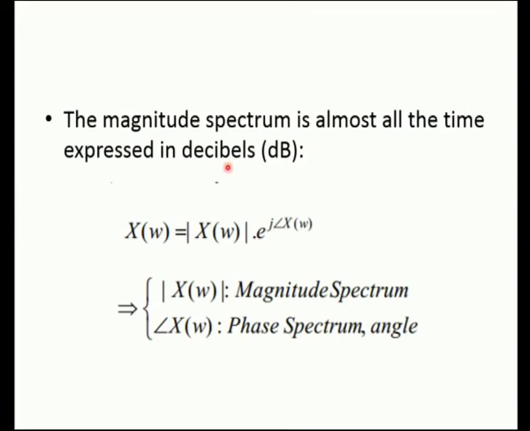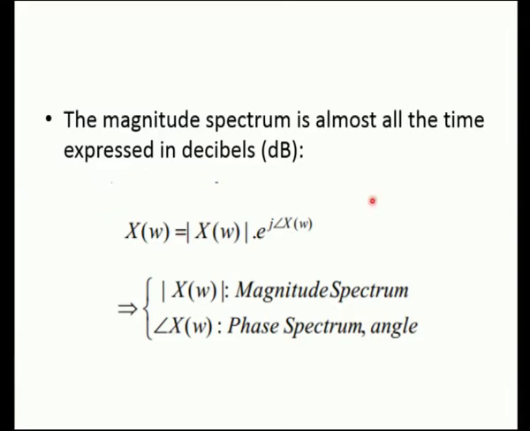After obtaining X of omega from the time domain, we get the frequency domain. From that we obtain the magnitude spectrum and phase spectrum, which together are called the frequency spectrum.